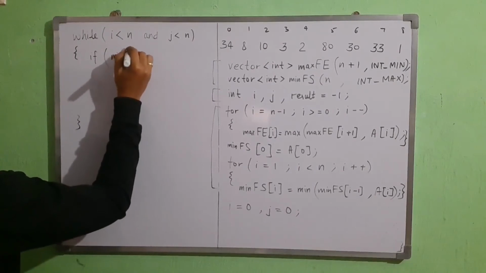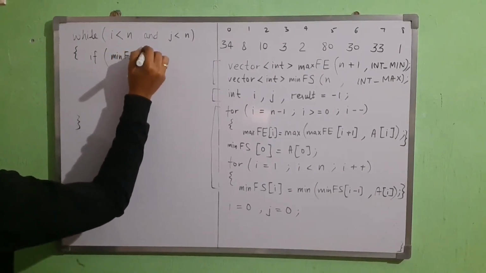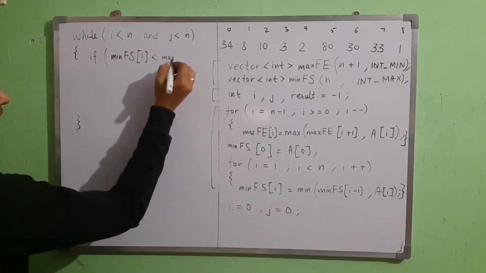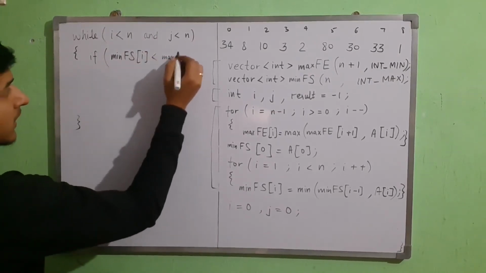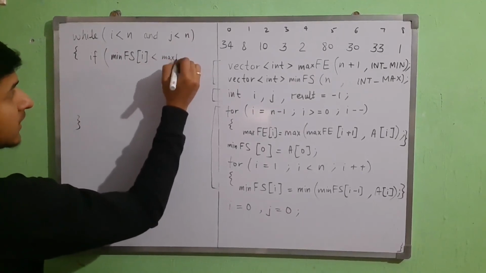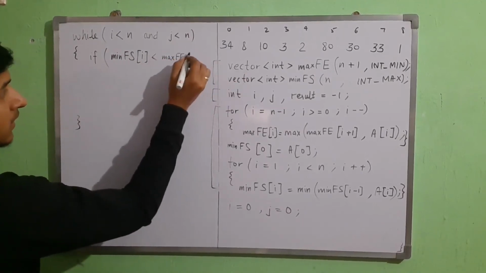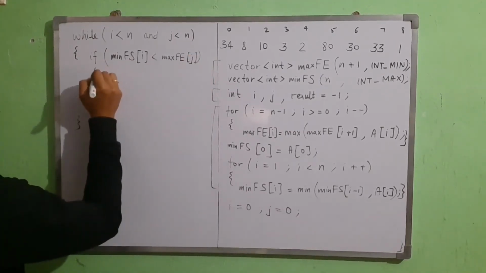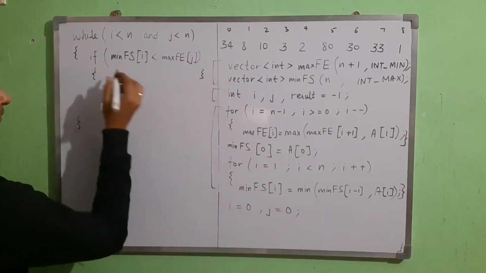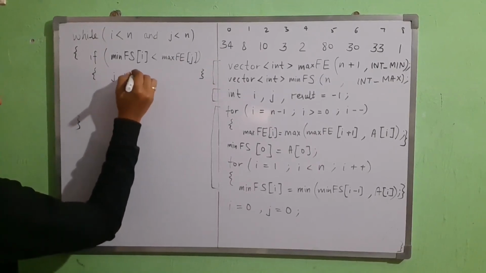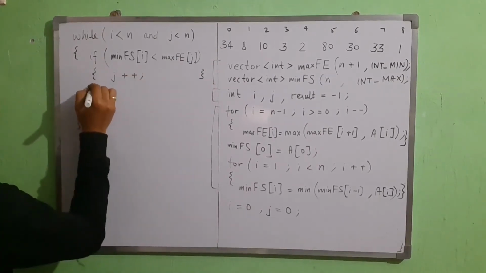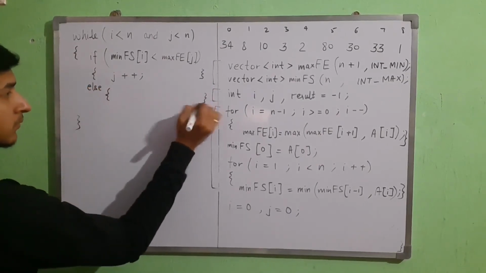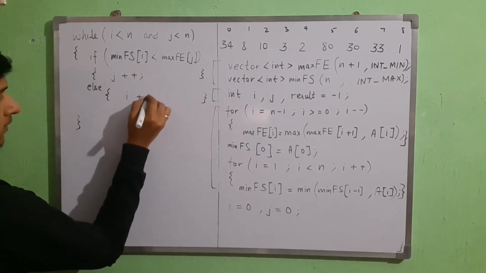If min from starting at index i is less than max from end at index j, if this condition is satisfied, then j plus plus. Otherwise, if this condition is not satisfied, then i plus plus.